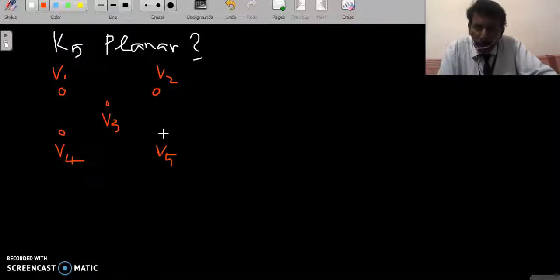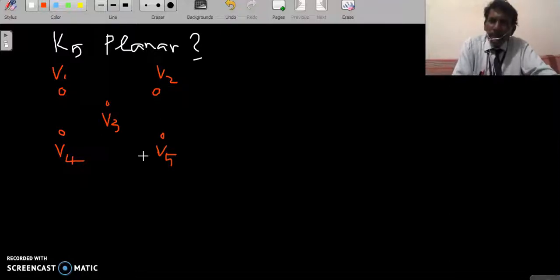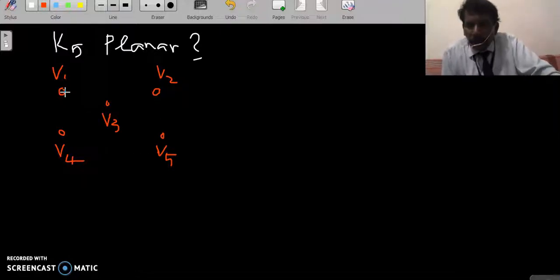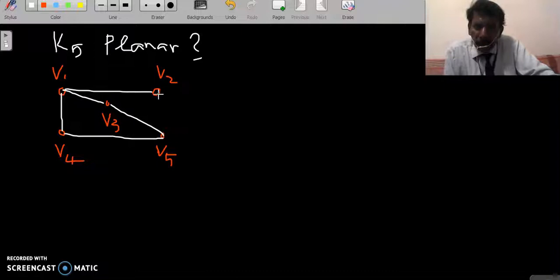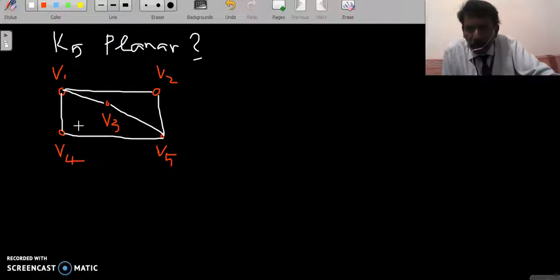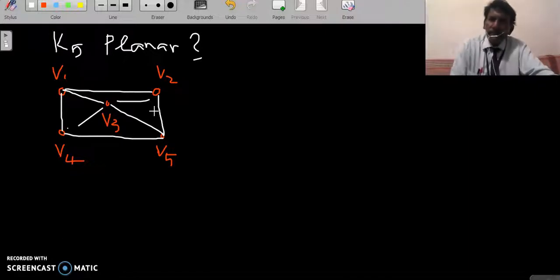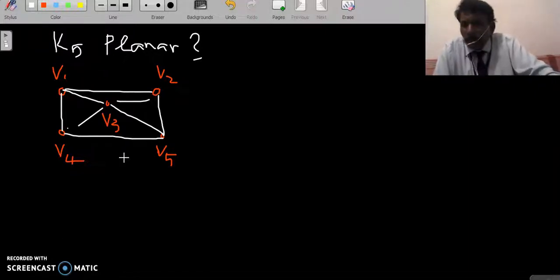Now I have to make edges between the vertices. I can join from here to here, from here to here, and from this vertex to this vertex. So all the vertices are connected to one another.